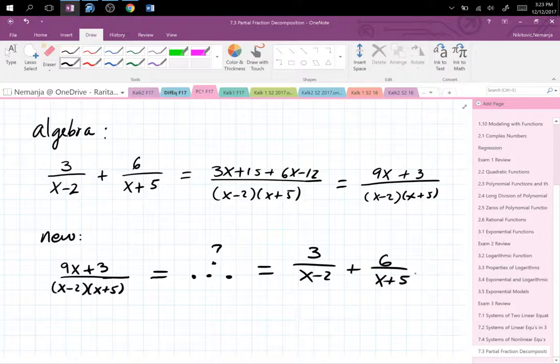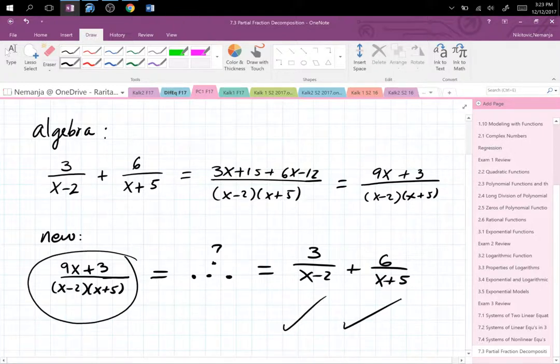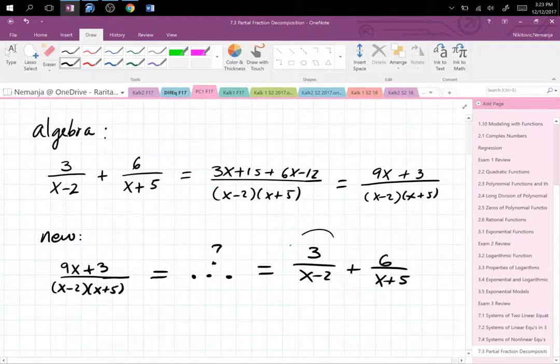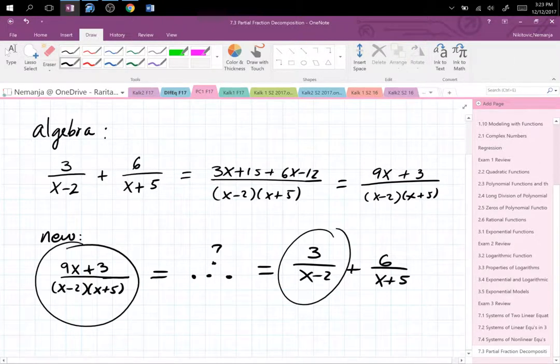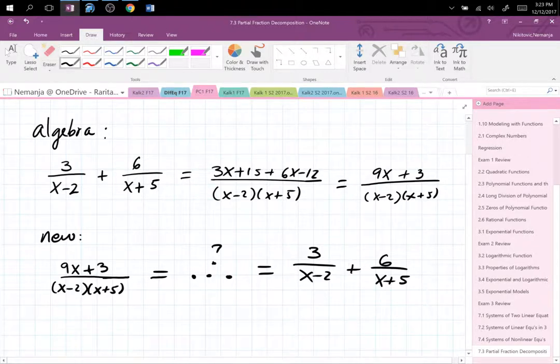I have a single fraction that is decomposed into 2 or 3 or whatever amount we must have, right? Each one of these is partial in comparison to the whole thing you had, so the title makes sense. So this is a procedure that will take a rational expression that has some factors in the denominator and break it into multiple fractions so that you can do whatever you need to do later in mathematics.